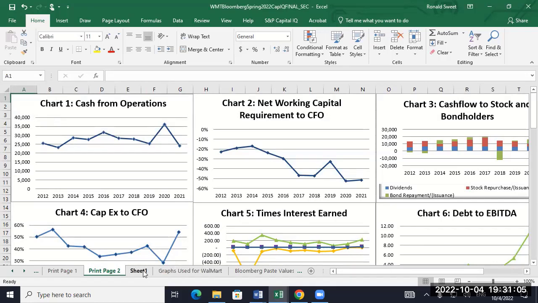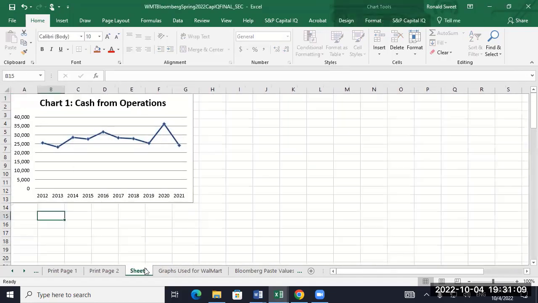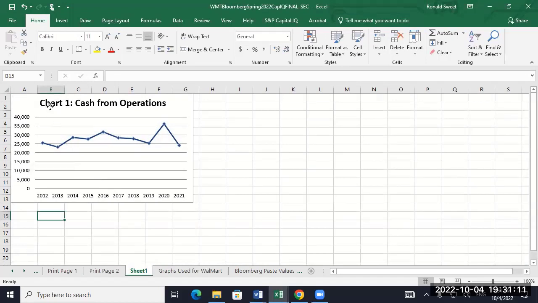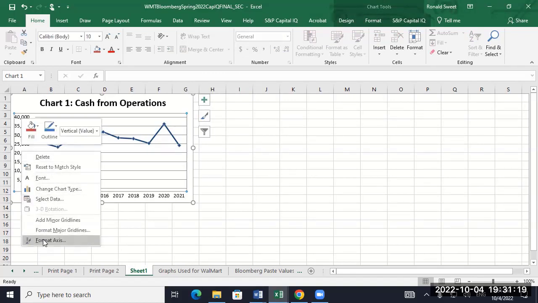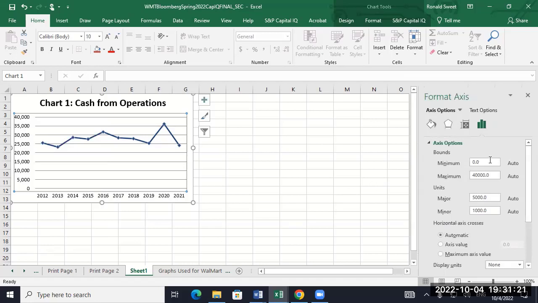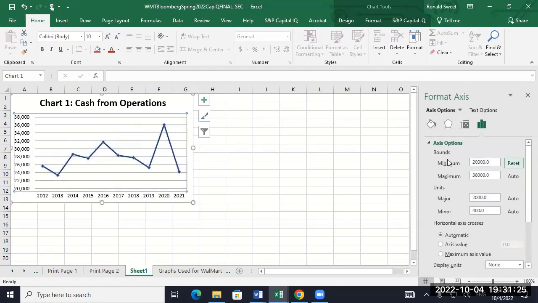So as I said, create a separate sheet where you take your graph, copy it over, edit the column, the title, change the axis if you need to. Sometimes starting at 0 makes a lot of sense. I'm not sure it makes sense to radically change it, but you certainly can.